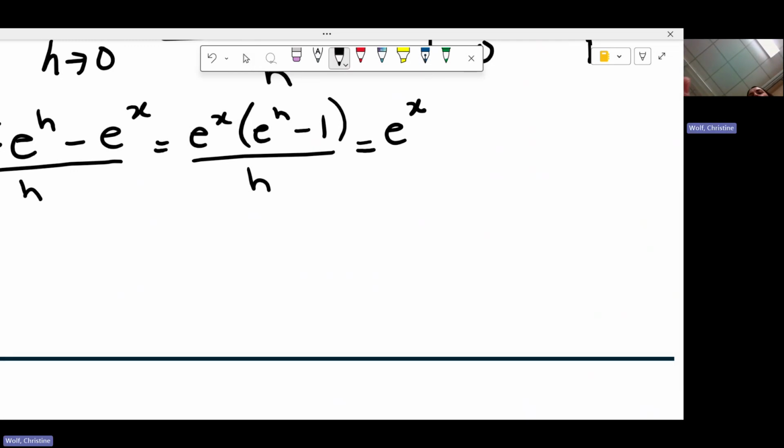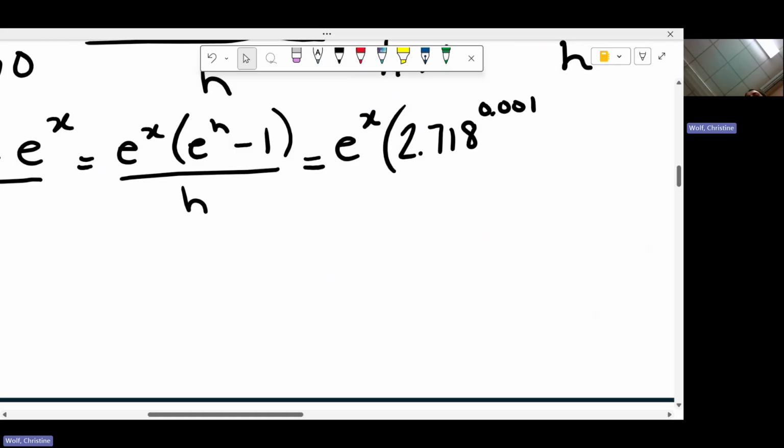So e to the x stays, because I'm plugging in where I see h's. H is approaching 0, so that e to the x, I'm not plugging in yet. Then we open up our bracket, and now we start plugging in. e is 2.718, so we replace that first e with 2.718 to the power of h, using a number that approaches 0, minus 1, close the bracket.